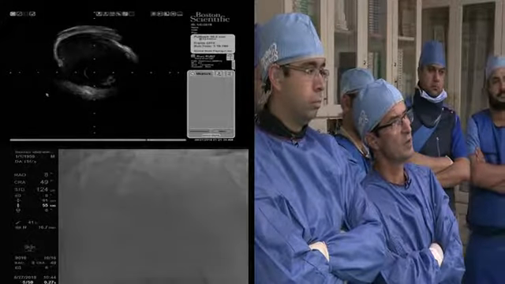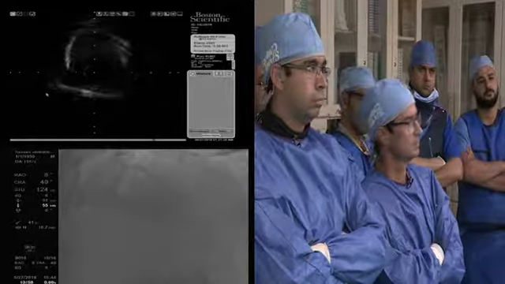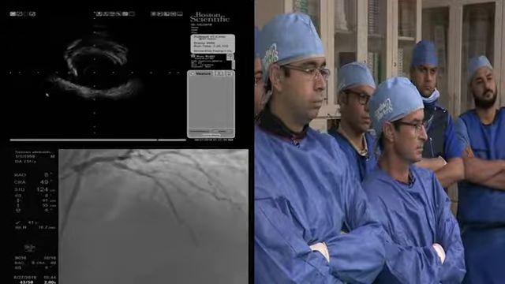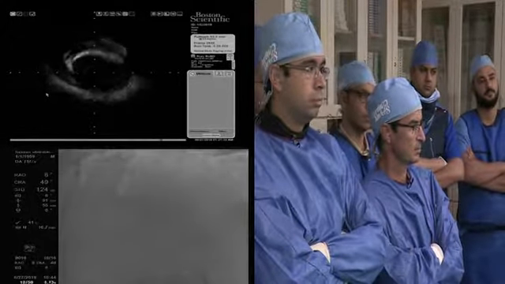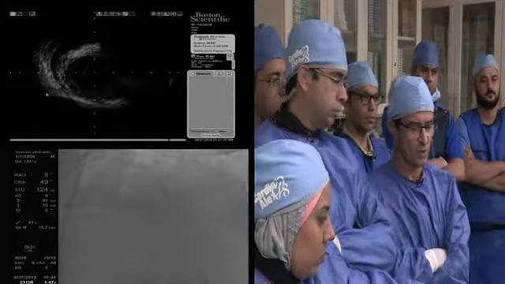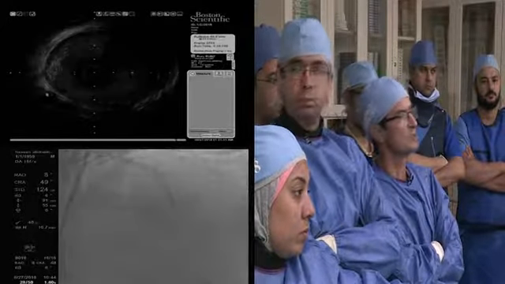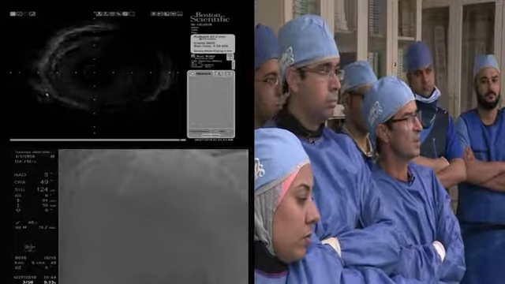And what about the second diagonal? I ask the panel what should be done, because it's a very long lesion. It's a small diameter.